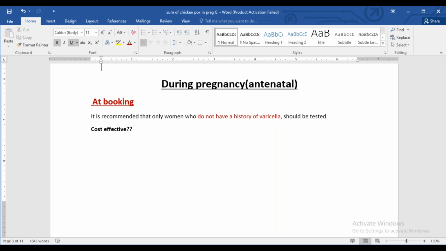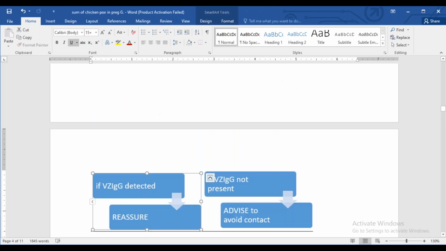Basically, they just keep the serum sample, just in case something happens, and they will go back for this sample. In Ireland, in some places yes, some places no, but it's recommended only for patients who are uncertain of history, if she doesn't know whether she had the infection before or not, or if she's from a tropical or subtropical area.